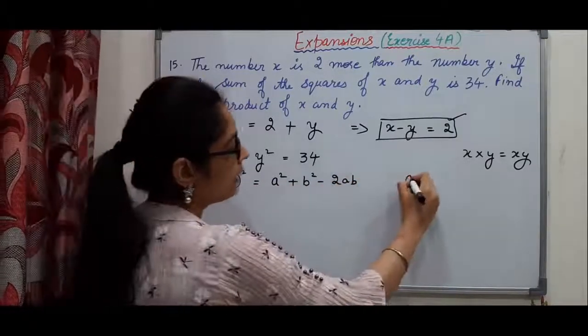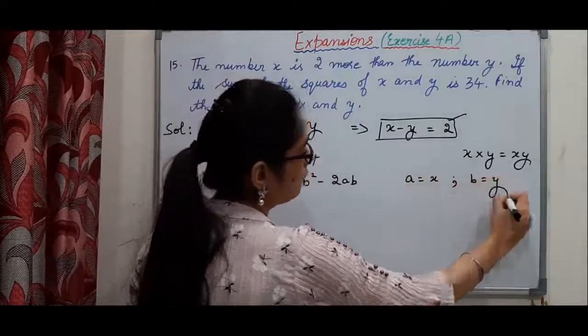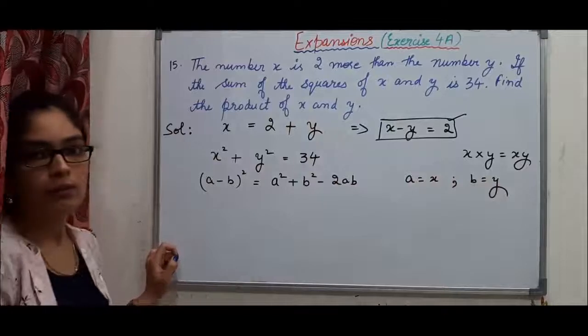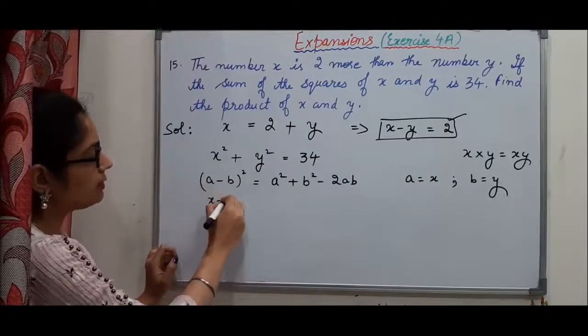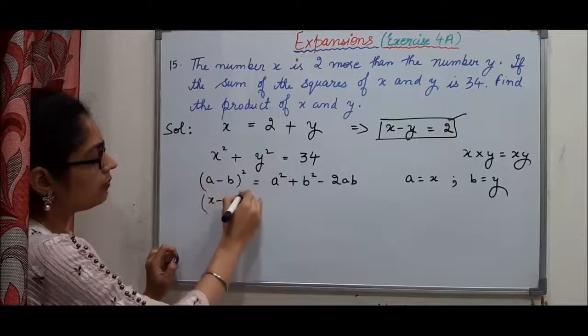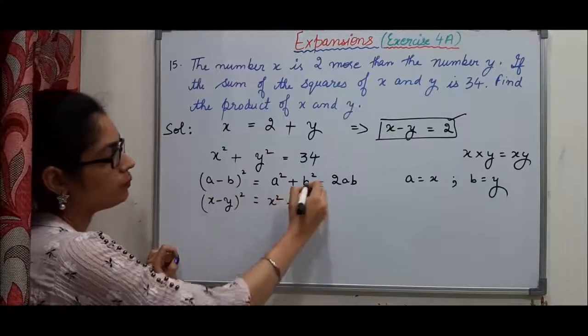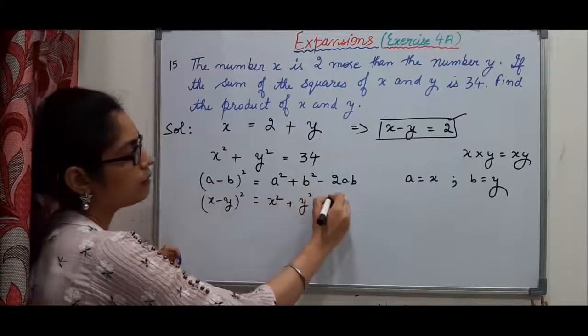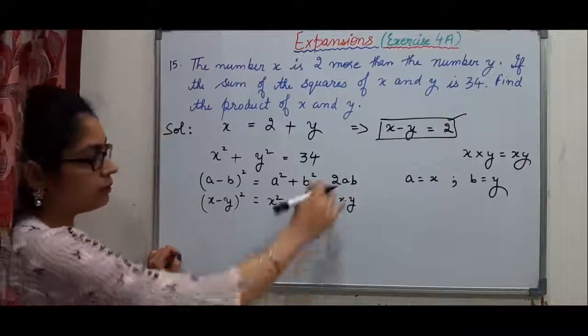See, a is equal to x and b is equal to y. So accordingly I have to substitute the values. A minus b, I will write as x minus y. Whole square I will write as it is. A square means x square, b square means y square, minus 2 into a is x, b is y. So I have substituted the values.